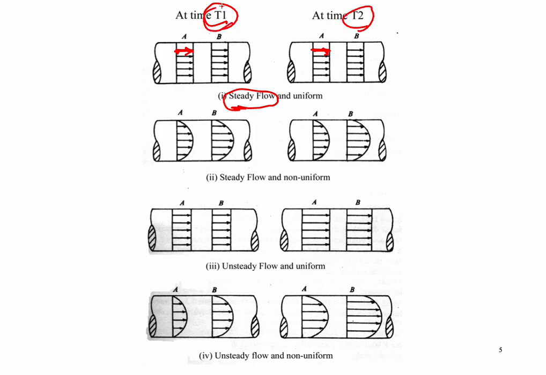Meaning that after a certain time, the velocity at this point remains the same. So it is a steady flow. And then we call this a uniform flow, because if we stay at one location, we find that all the velocity here is the same. So it is uniform flow.